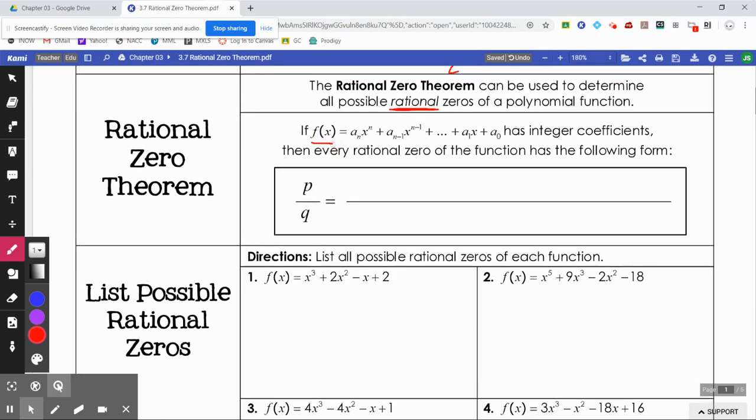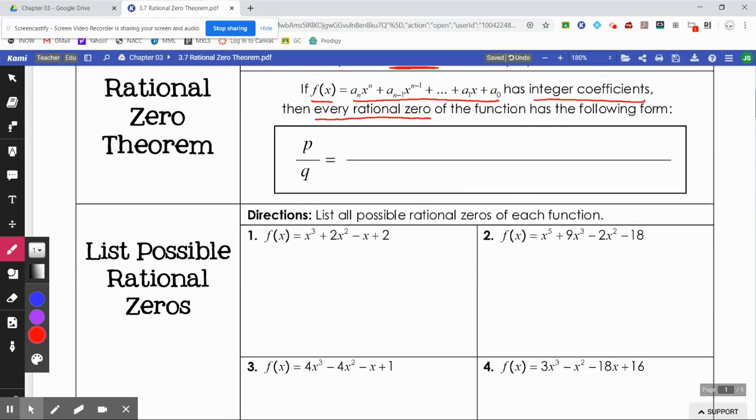If f of x equals your polynomial function, has integer coefficients, which means positive and negative whole number coefficients, then every rational zero of the function has the following form: p over q, where p is going to be factors of the constant term.